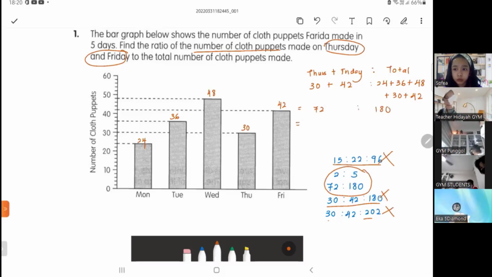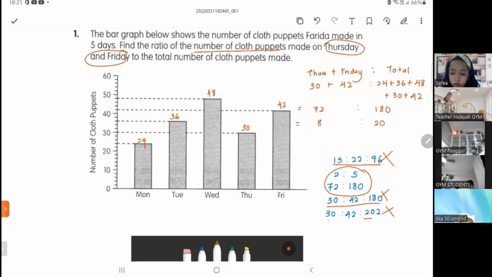And then when you simplify, how do we simplify this? If you can, you might want to go slow, means you divide it by 2, by 2, by 2. But if you know the lowest common multiple between these 2, you can start maybe by 9, right? If you divide by 9, 72 divided by 9 will be 8. Am I right? 180 divided by 9 will be 20.